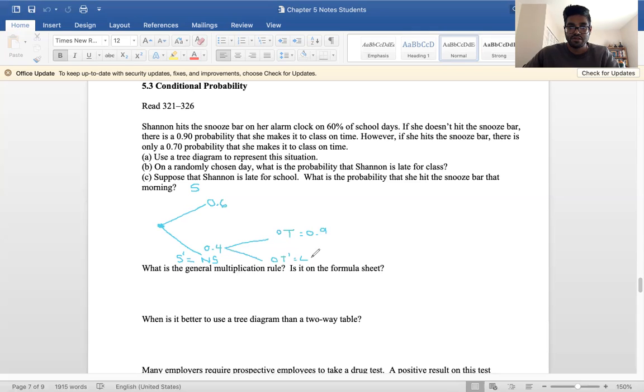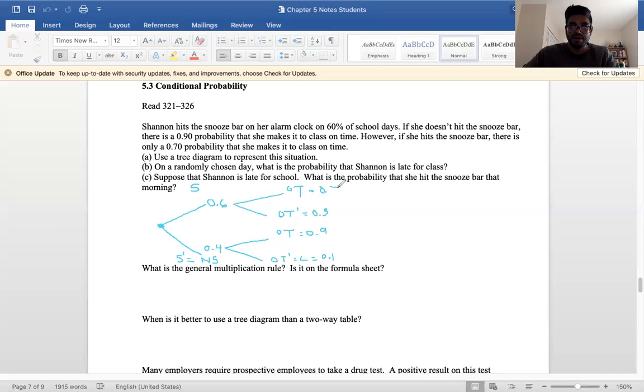And then the likelihood that she's late is 0.1. I can do the same thing here, break these apart. Here we have 0.3 that she's late, and 0.7 here that she's on time.